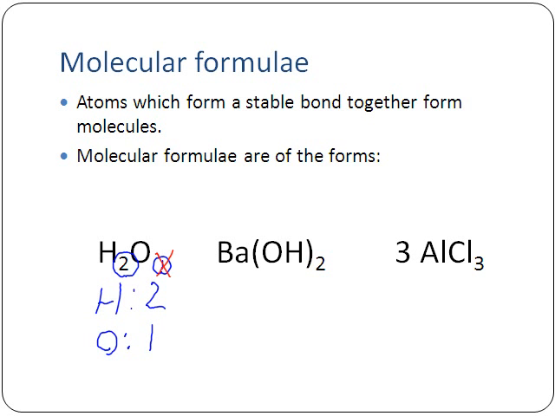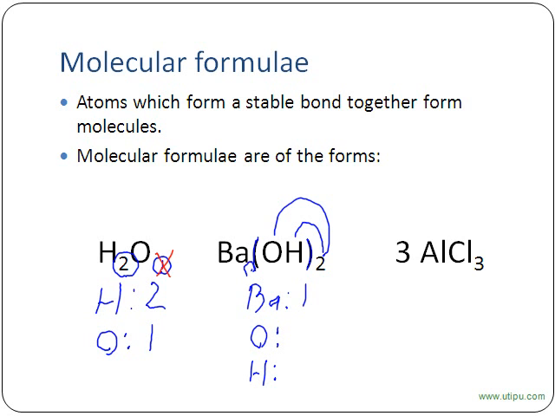The only exception to that is if, like on our second one here, Ba(OH)2, there's a parentheses, like there is right there, the 2 talks to everything that happens before it. So in this case, that 2 distributes to both the hydrogen and the oxygen. Writing this out, we have barium, oxygen, and hydrogen as our 3 elements. There's no number after barium, so there's just 1 barium.